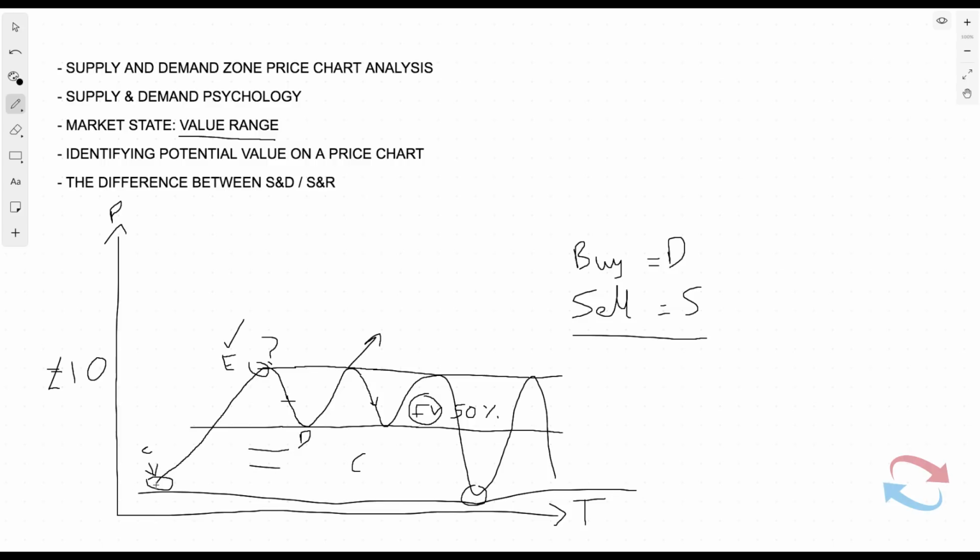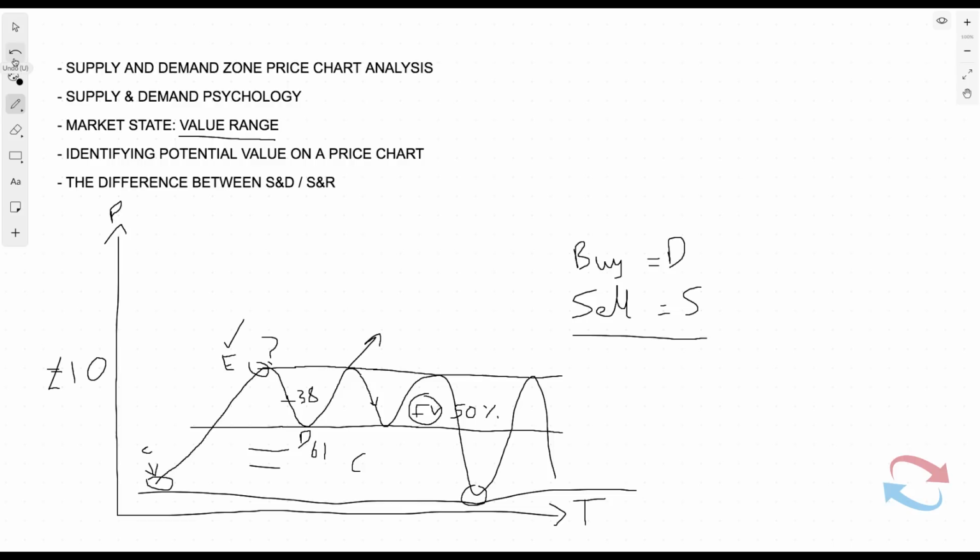It's just understanding the cheapest area of a leg up, right? Because obviously demand is coming, pushing prices to the upside, right? And then when prices pull back, this is potentially an expensive area, and you're buying at the 38% discount, 61% discount, and so on and so forth, right? When we're looking at retracements.